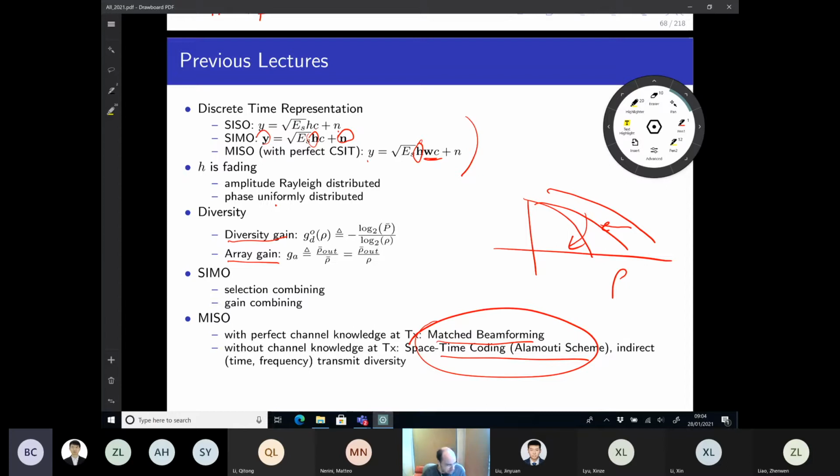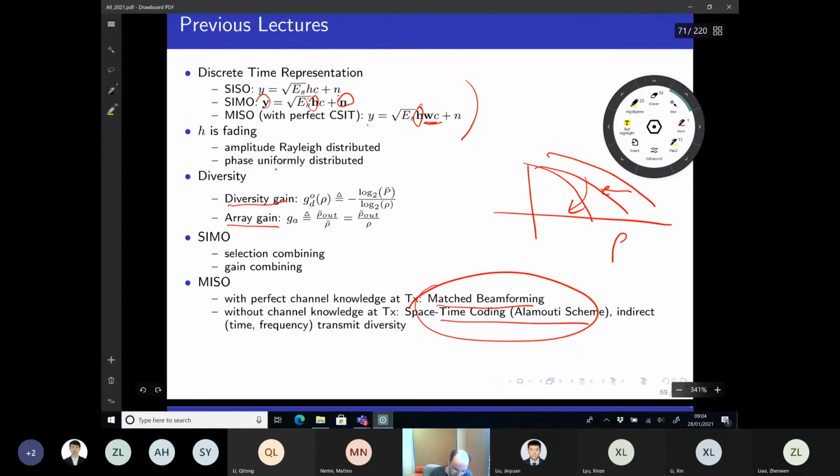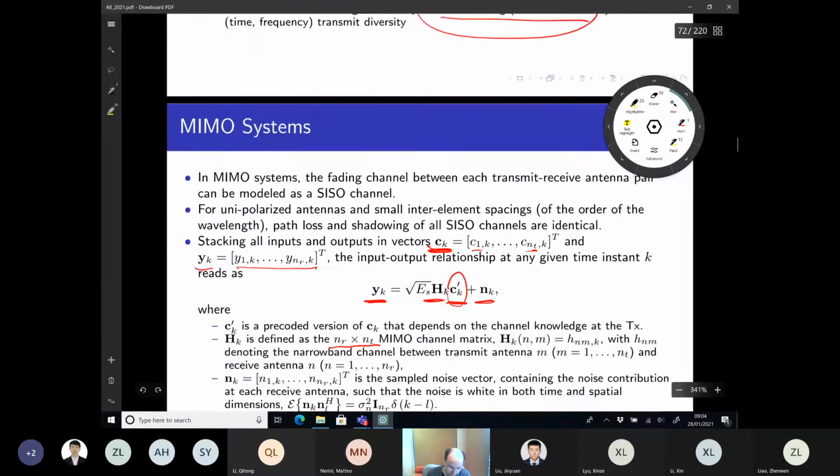Good. Otherwise, let's continue. So today is our lecture number 4, and we started playing with multiple antennas, with MIMO, multiple transmit, multiple receive antennas, in our last lecture, last Thursday. And what we did, we started looking at the MIMO case.